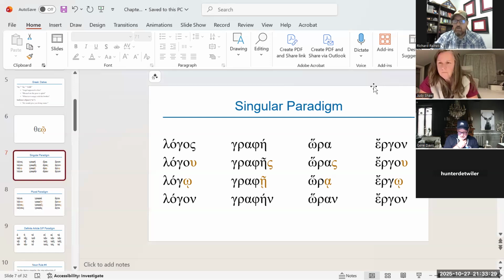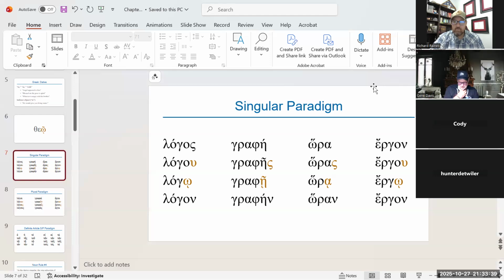So ergon, what gender is it? Neuter. What case is it? Nominative. What number is it? Singular. What does it mean? Work. And what is the lexical form? Ergon. All right, let's go to the last one. Ergon. What is the gender?